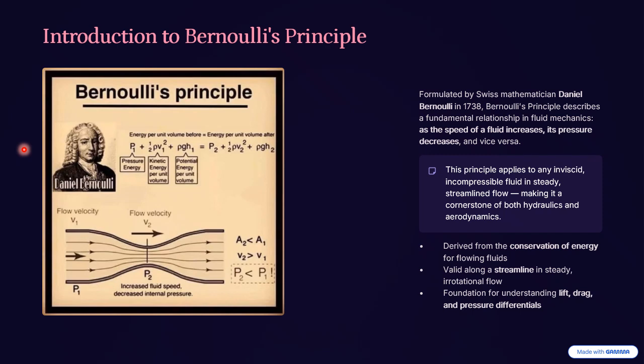Bernoulli discovered that when a fluid starts moving faster, its pressure decreases, and likewise, when the fluid moves slower, its pressure increases. At first, this may sound very strange, but this relationship between pressure and velocity is very important in many practical applications that we will be seeing ahead.